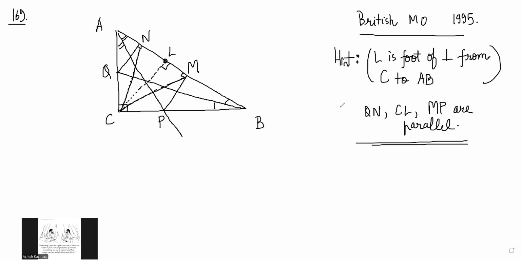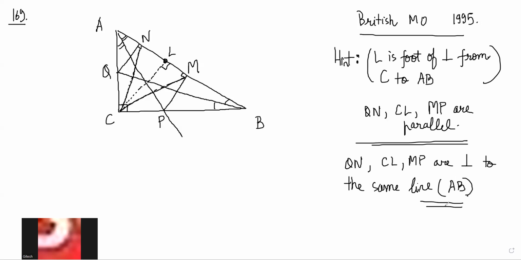No, they are parallel because all three of them, QN, CL, and MP, are perpendicular to the same line. If you draw multiple perpendiculars to the same line from different points, won't they be parallel? Yes, yes.